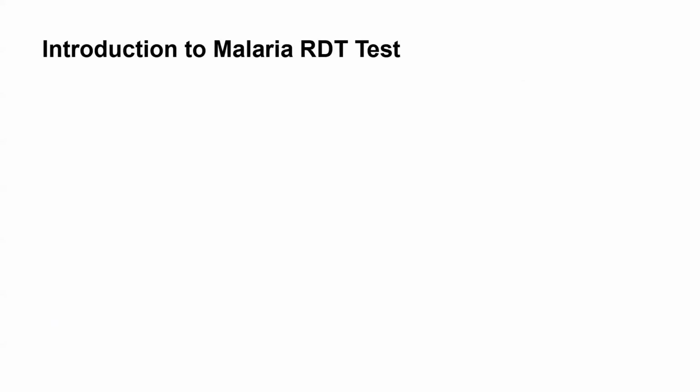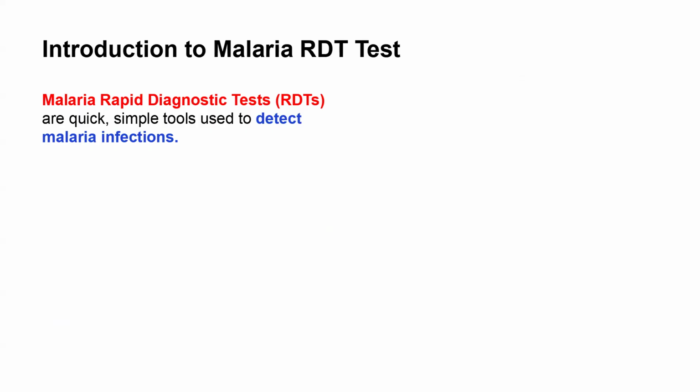Introduction to malaria RDT tests. Malaria Rapid Diagnostic Test. RDT stands for Rapid Diagnostic Tests, which are quick, simple tools used to detect malaria infections. So we said the malaria RDT test is one of the simplest and easiest ways to detect malaria infections.